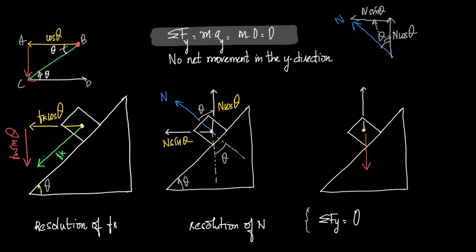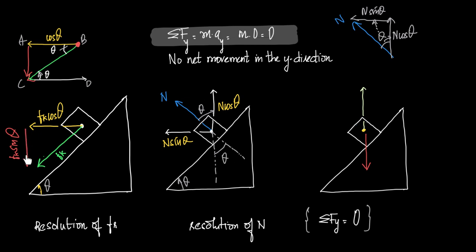Now, having said that, let us see the condition. Sigma Fy is equal to 0. Why? Because there is no net movement in the y direction, therefore acceleration along the y direction is equal to 0, and therefore sigma Fy will be equal to 0. Let us see what forces are acting in the y direction.